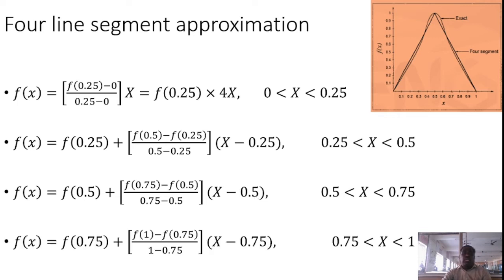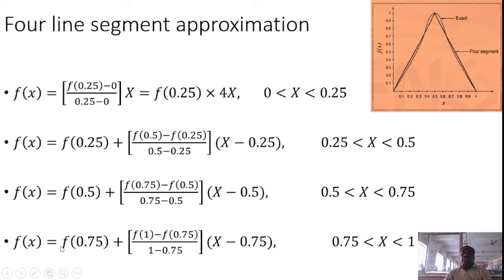And then the fourth line segment, automatically now you can understand, starts from 0.75 and ends at 1. So the boundary condition can be represented as 0.75 less than x less than 1. Here you see how I can represent the approximation equation.